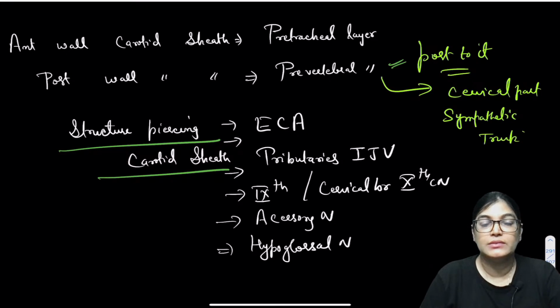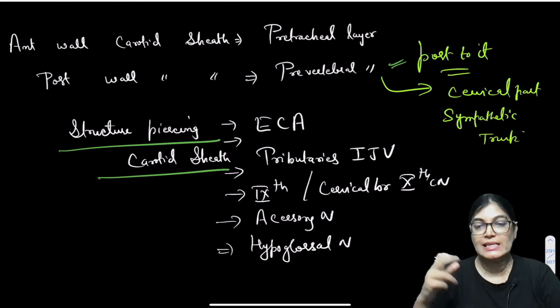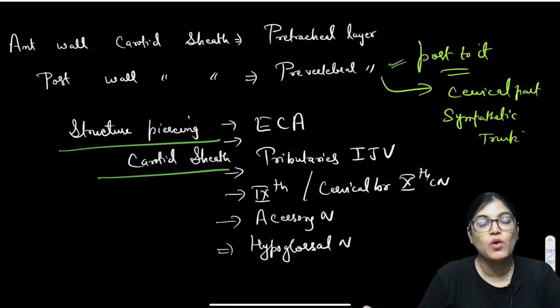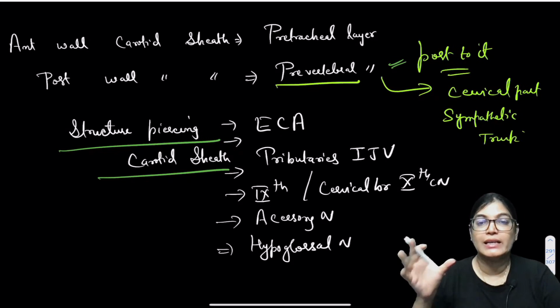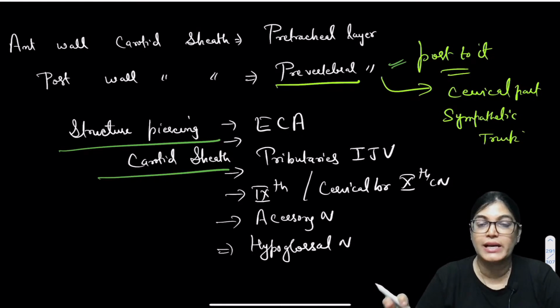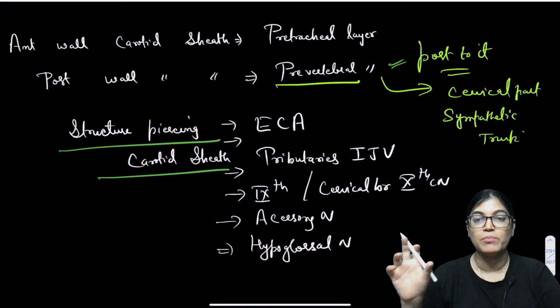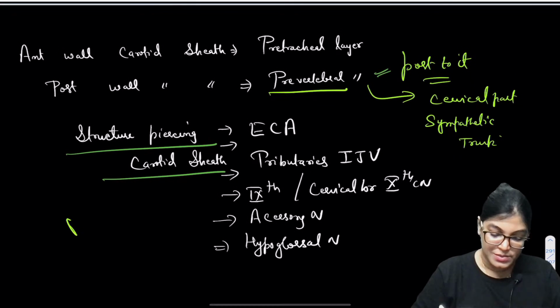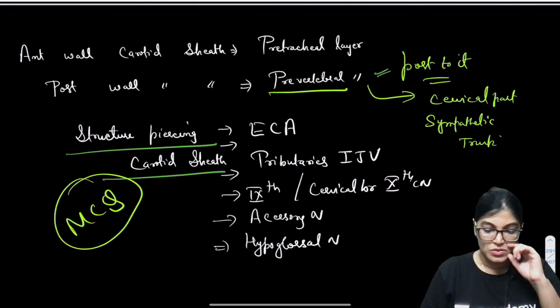In that area there is loose areolar connective tissue, and in that areolar connective tissue lies the cervical part of the sympathetic trunk. So done with this, all the important points. This is also very important for your MCQ session.